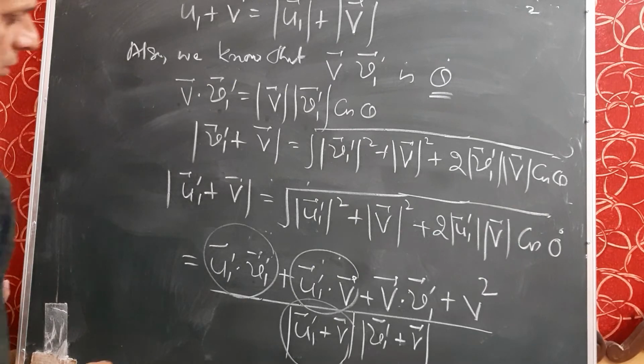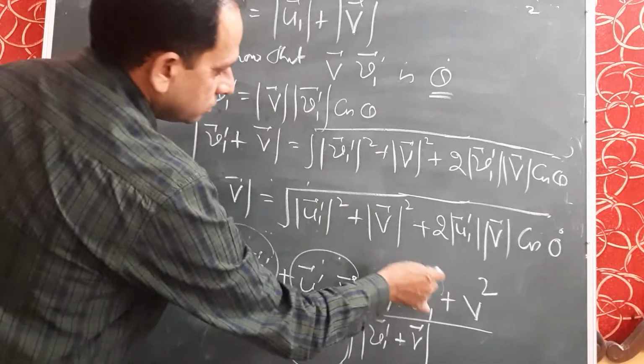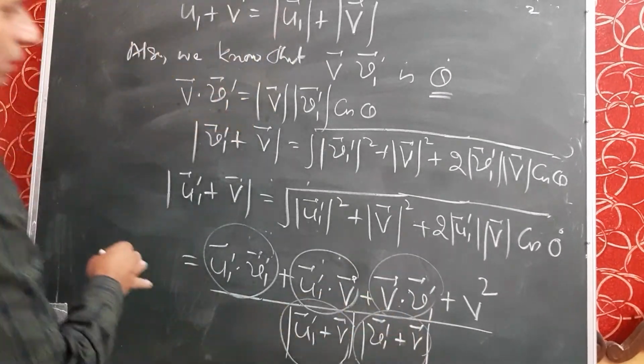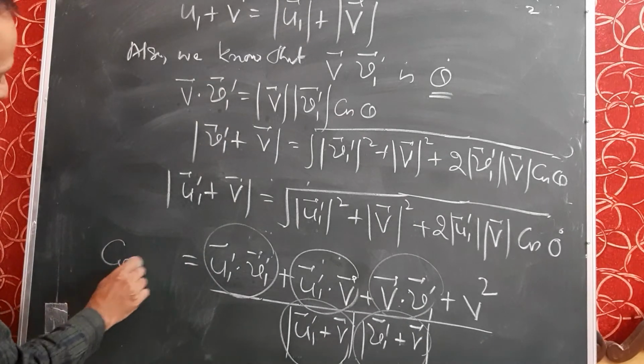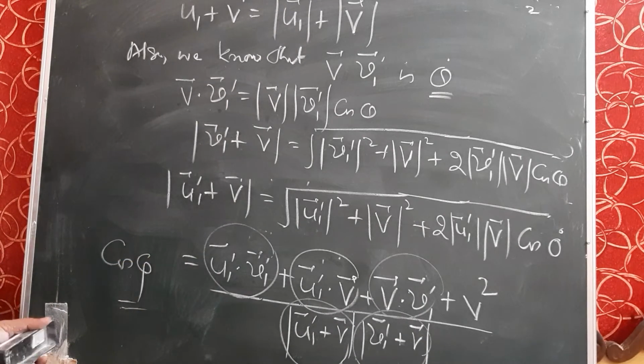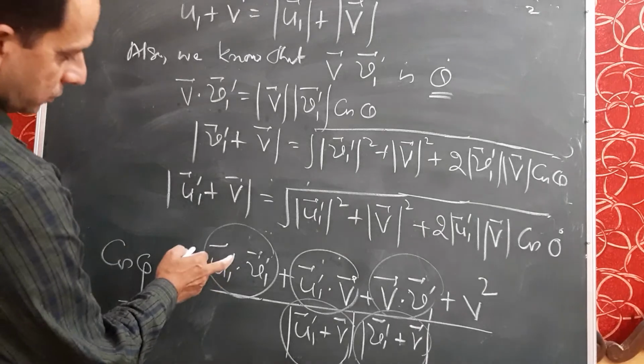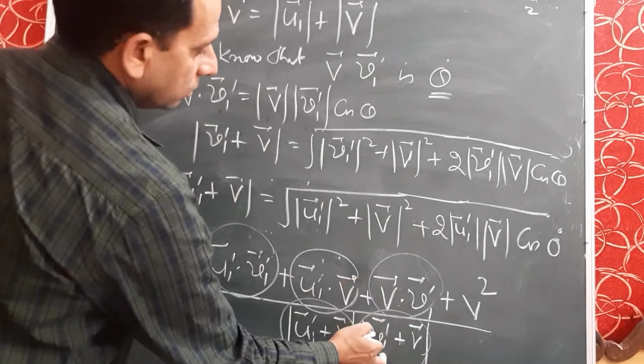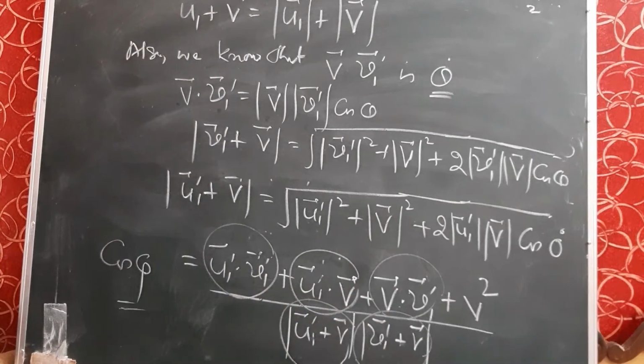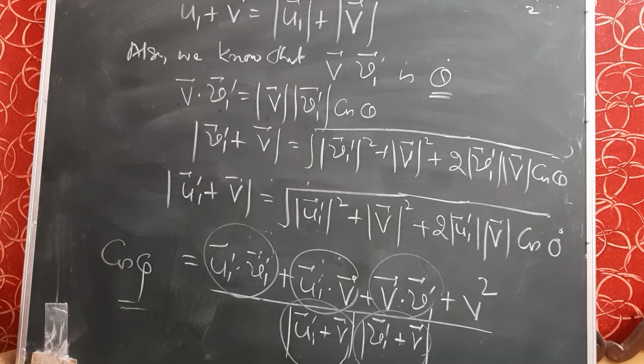So now we will put all these values in this equation. This equation is the master equation, that is the cos phi equation. So we will put the values of these terms, and we finally get the equation in terms of purely theta.